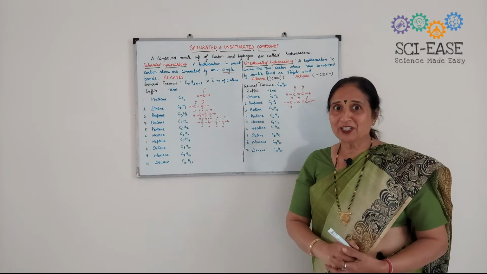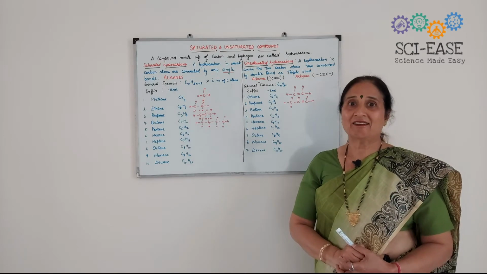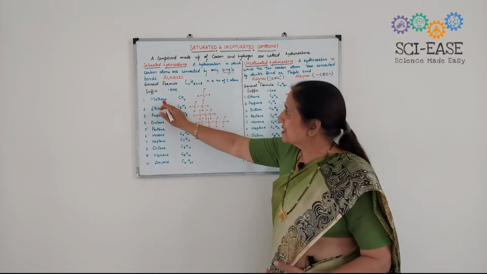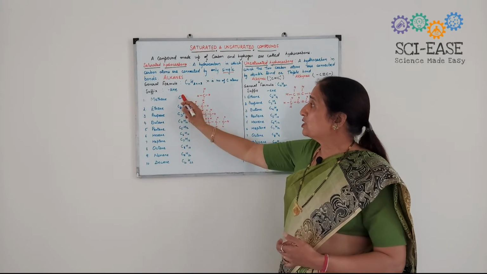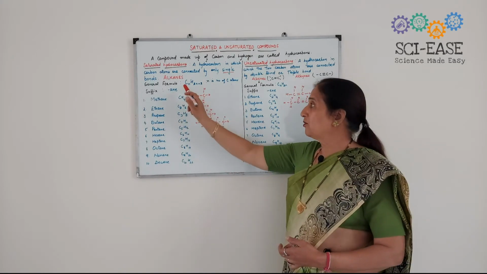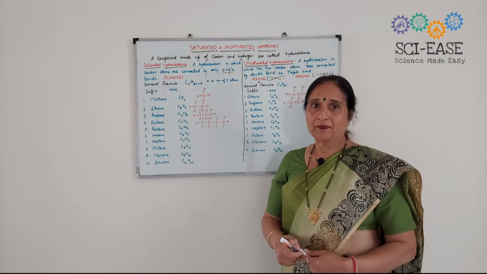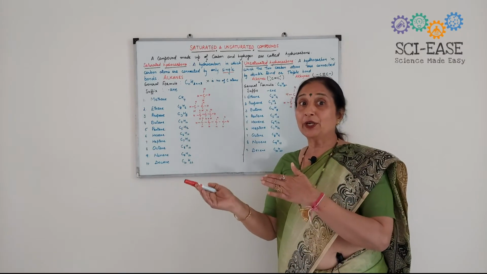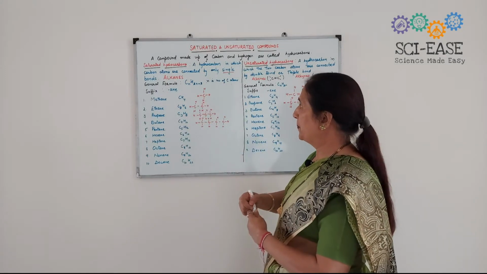You are aware of the first member of alkane, that is methane. Ane is the suffix used here. So its molecular formula is CH4. How can we deduce this formula from the general formula?